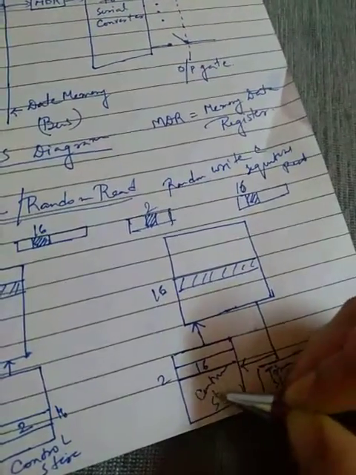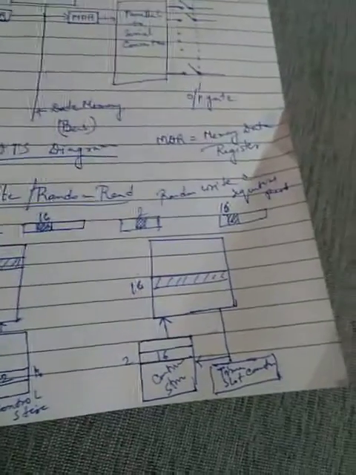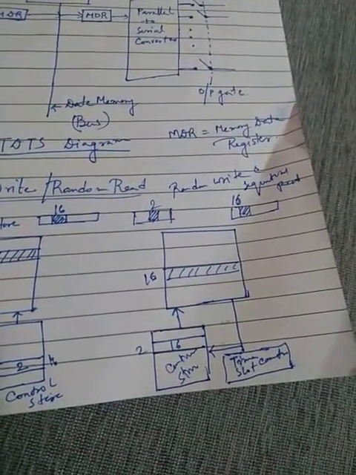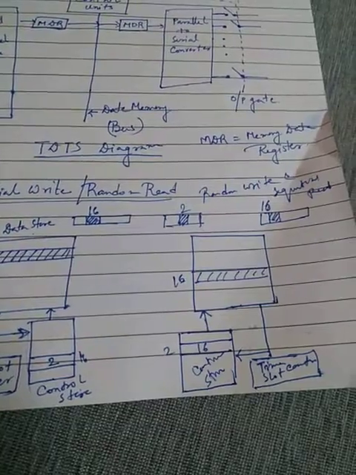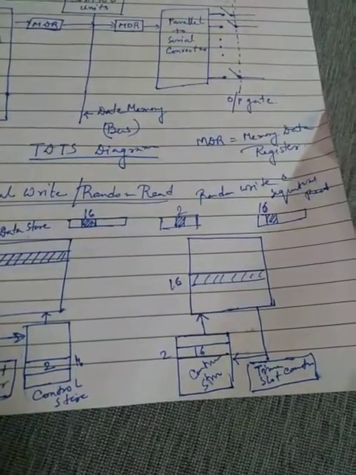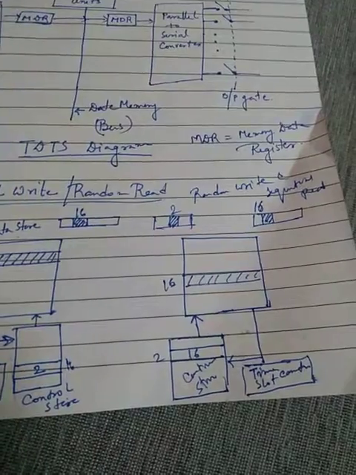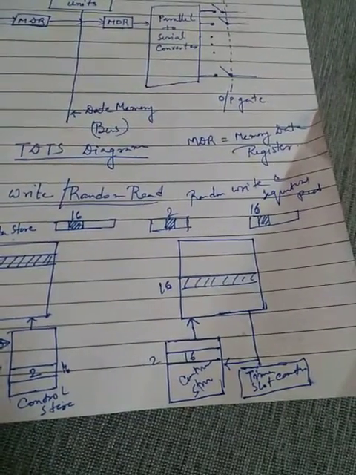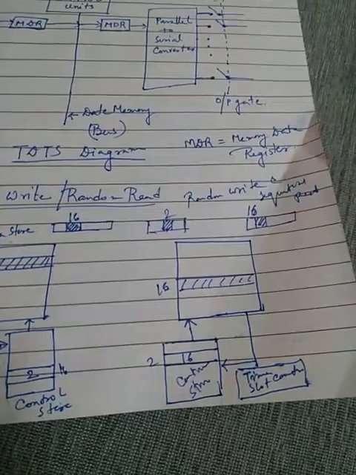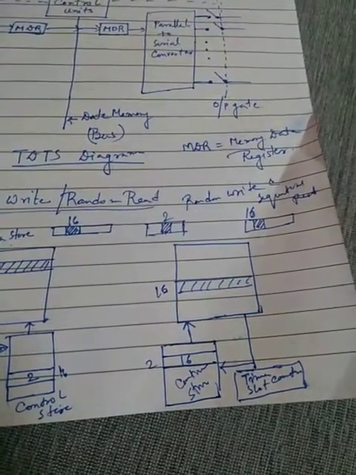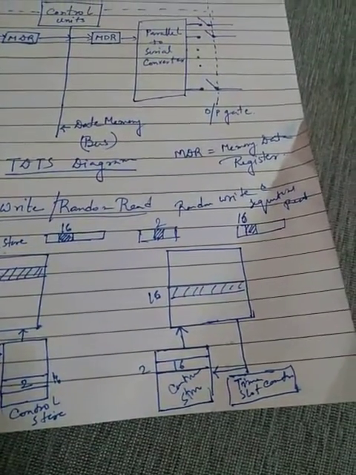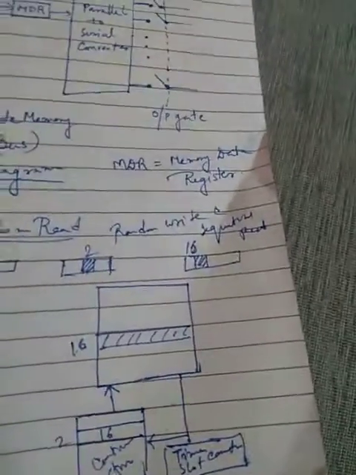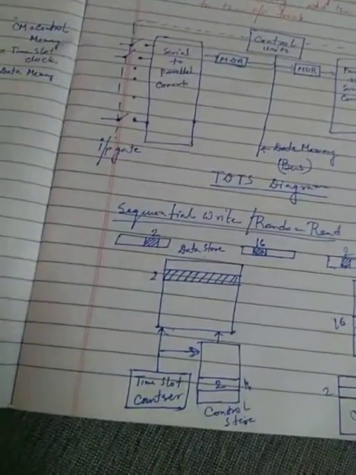This is my control store. So incoming data is written into the memory locations as specified by the control store, but outgoing data is retrieved sequentially under control of an outgoing time slot counter. The data received during time slot 2 is written directly into data store address 16, and it is retrieved during the outgoing TDM channel number 16. So that is how these two fashions work: sequential write random read and random write sequential read.